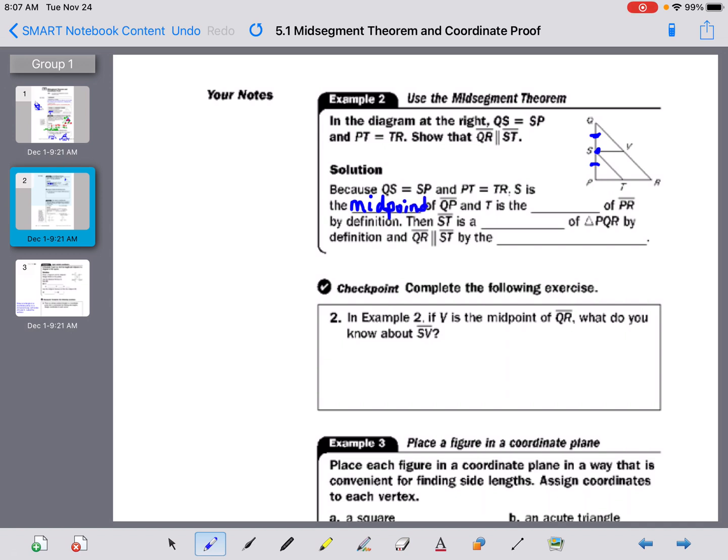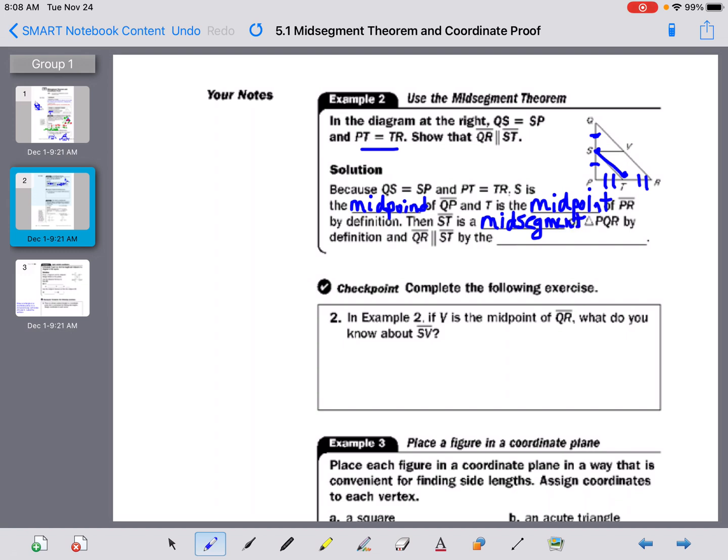And it also tells me PT equals TR. So what does that make point T? A midpoint. And knowing that those are both midpoints, what would we call ST? If it joined midpoint to midpoint, it is a mid-segment.